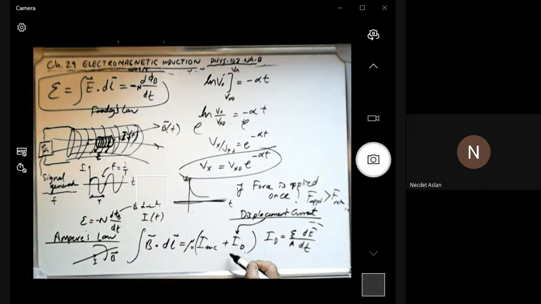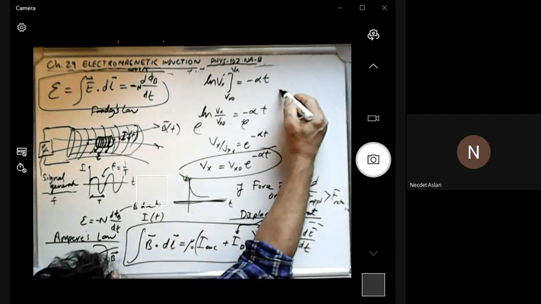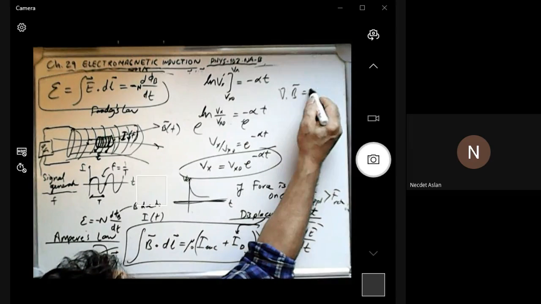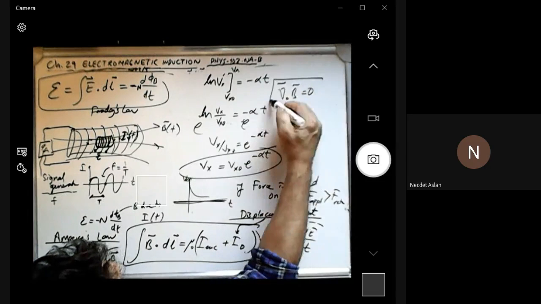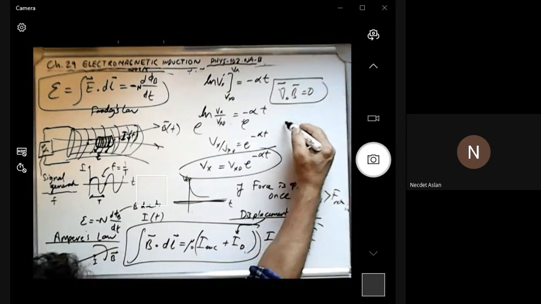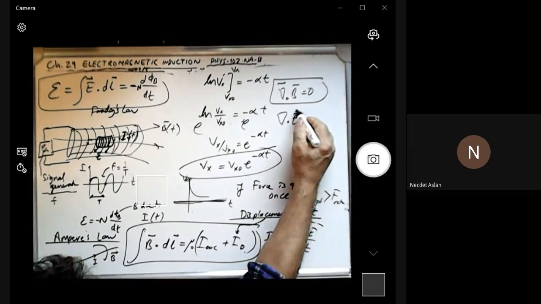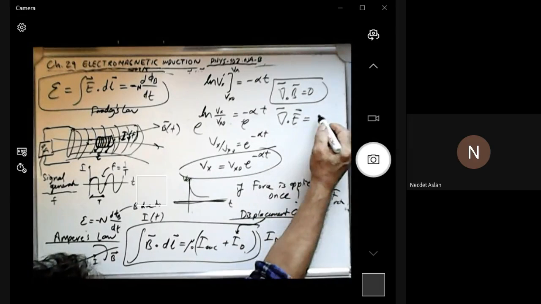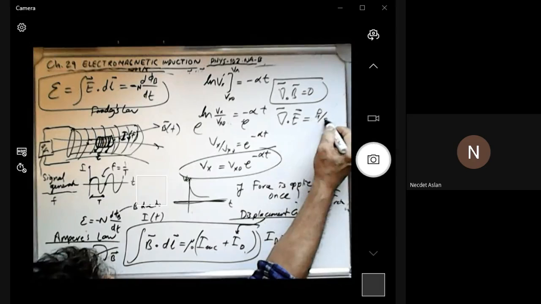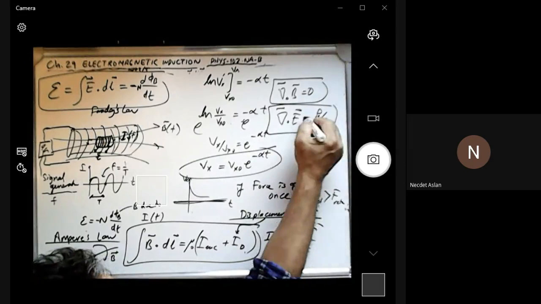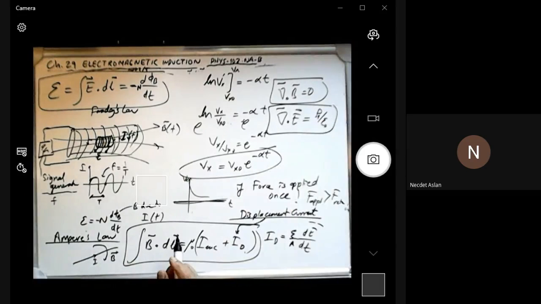So this is number one, this is number two, and the other one is divergence of B equal to 0, the third one. And the last one is divergence of E, which is Gauss's law, rho over epsilon 0, or Q over epsilon 0. We had seen this and solved some examples in the first few chapters of this course.